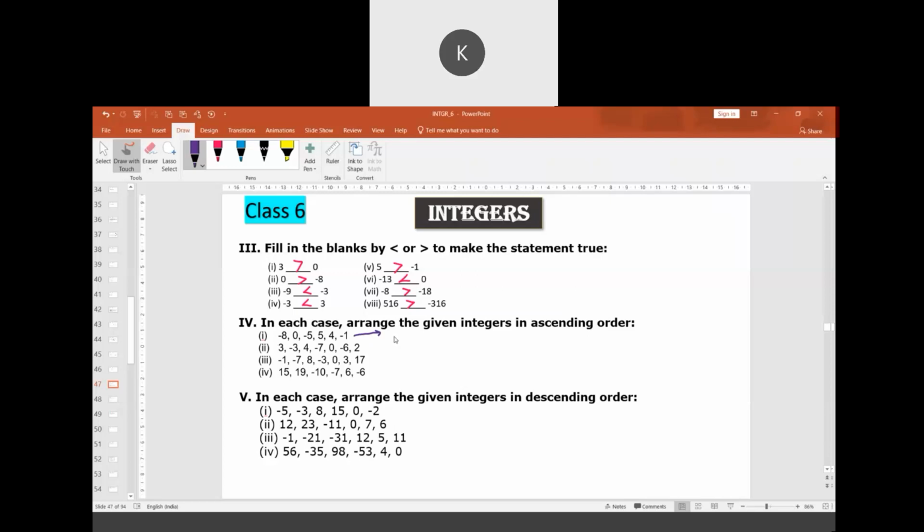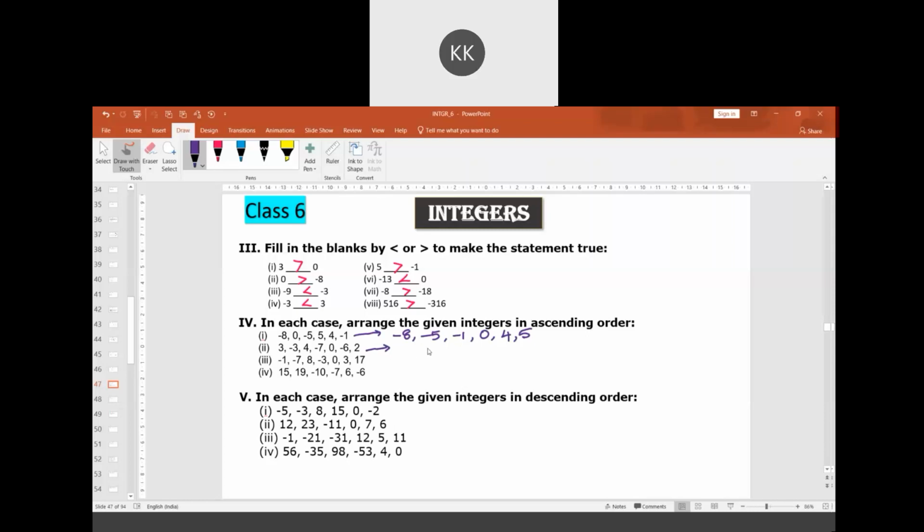It's ascending order, right? So the smallest should be written first. -8, correct? Next, -5. Very good. -1. Good. 0, 4, 5. Very good.